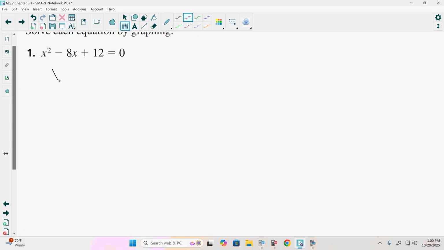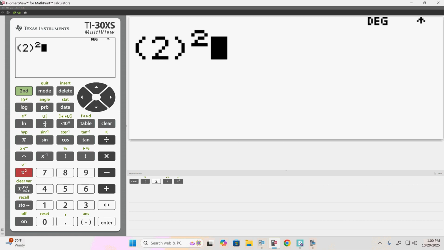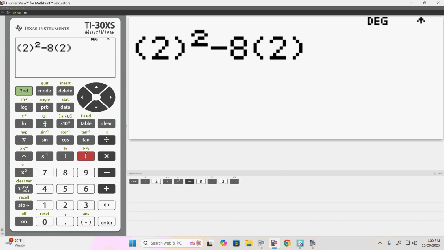So for us here, it's telling us that x is equal to 2 and x is equal to 6. And if we wanted to check it, all we have to do is plug it back in. We have 2 squared minus 8 times 2 plus 12 is 0.